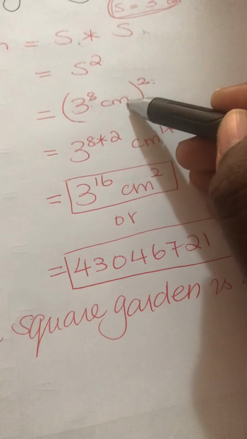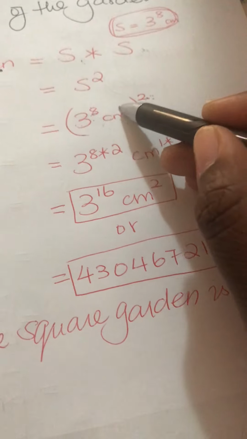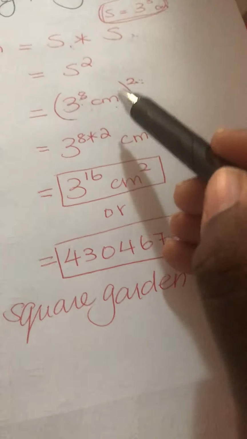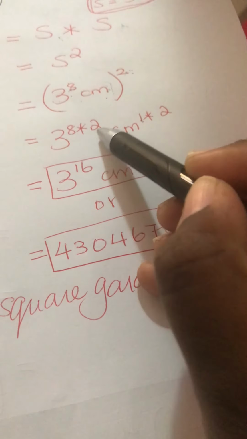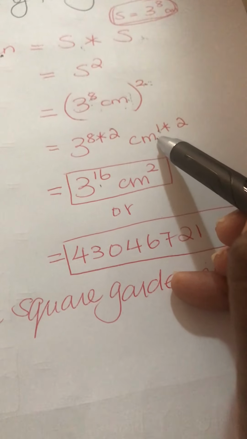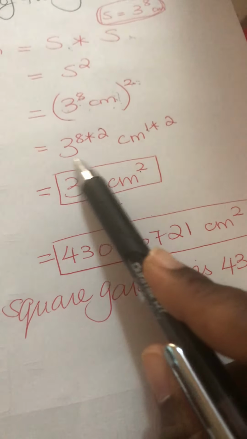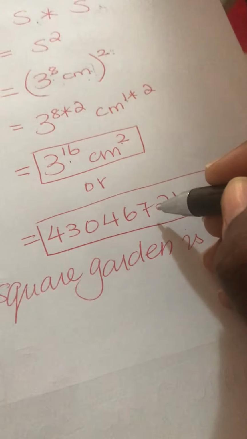Everybody inside the bracket should have an exponent. If they don't, you write 1. As you can see, centimeter doesn't have an exponent, so I wrote 1 there. So then I did 8 times 2 right here. It gave me 3 to the 16th power and centimeter to the 2nd power. And then I can simplify 3 to the 16th power and I get this value.